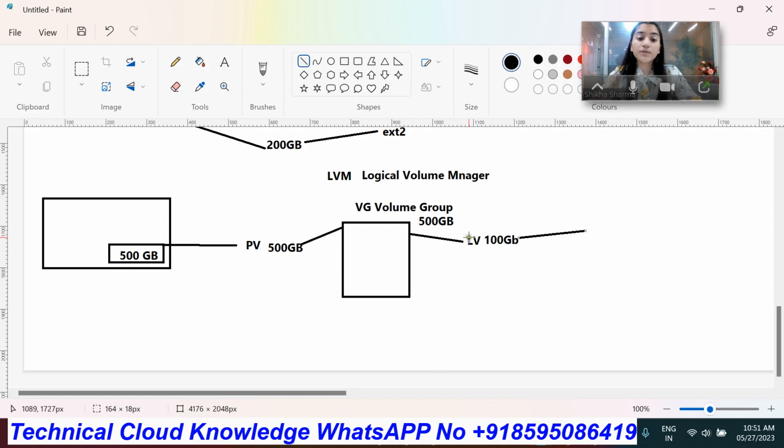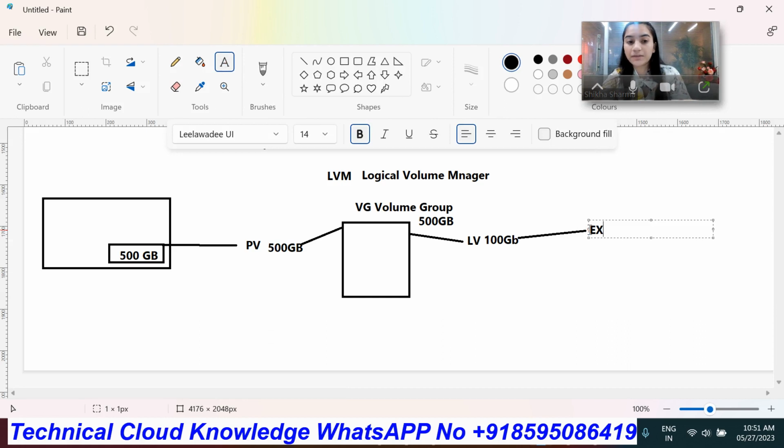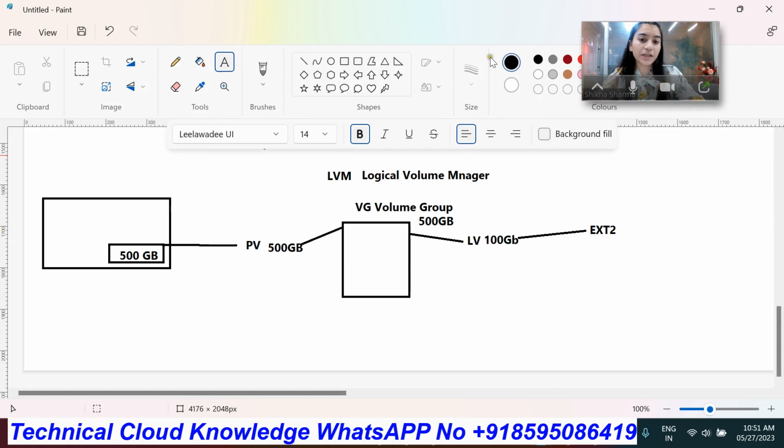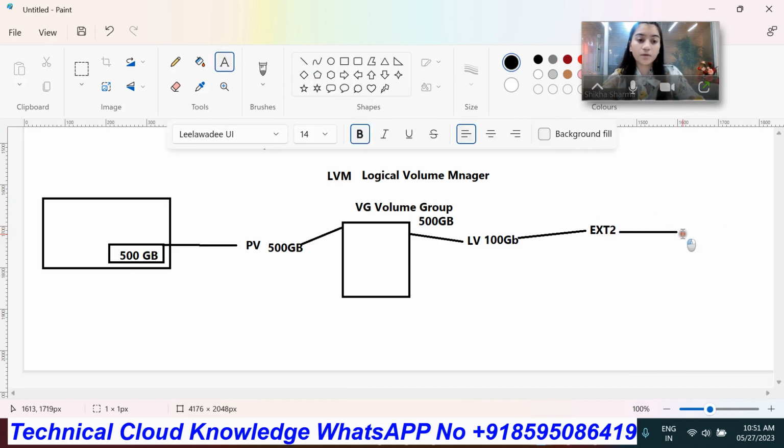We will format this LV with the file system ext2 and attach this formatted LV to application 1 to fulfill the application 1 demand. So this is the main method of LVM partition.